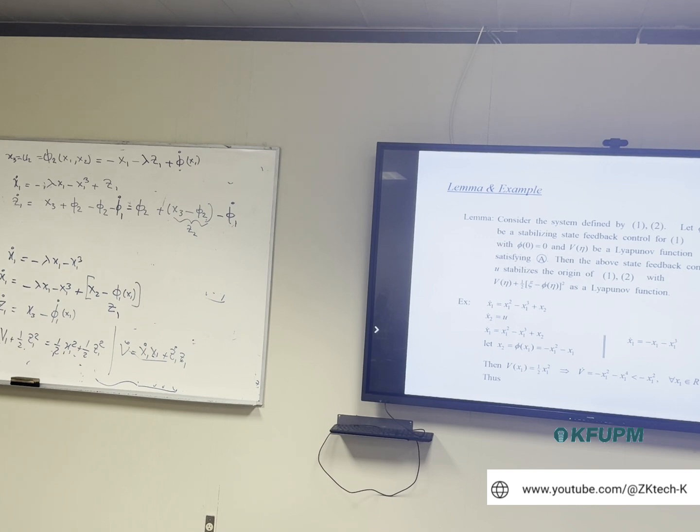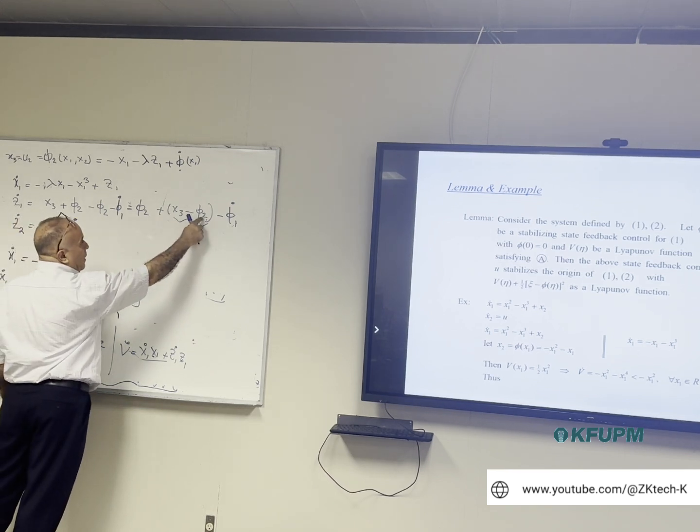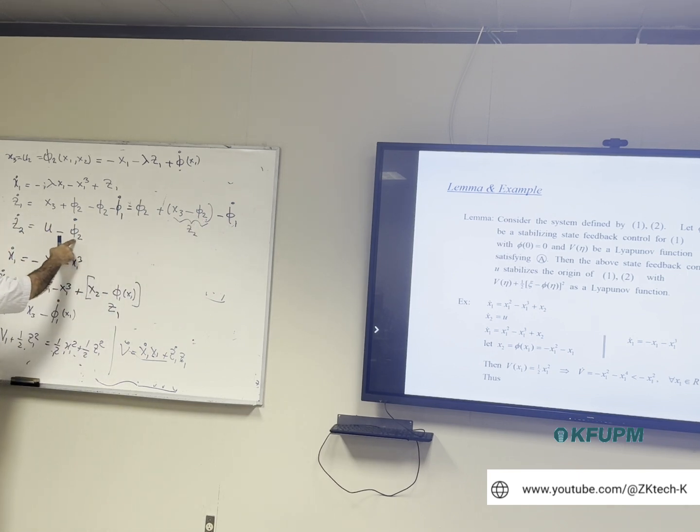We take z2 prime, which is equal to u minus phi 2 prime. This is the value x3 prime minus phi 2 prime, and this is u minus phi 2 prime. What should we do next? Lyapunov. Again, we go back to Lyapunov.